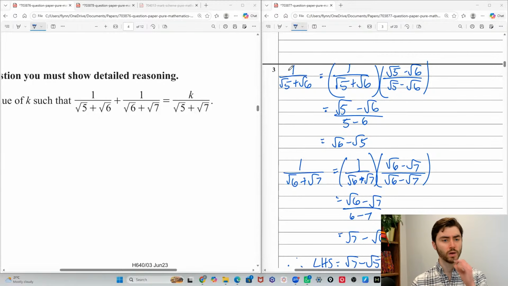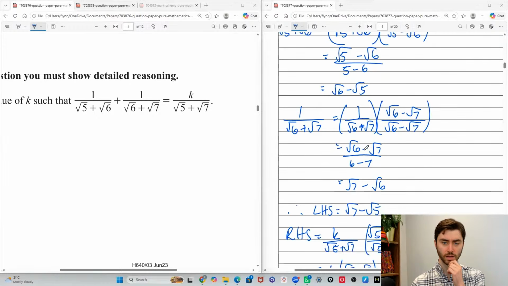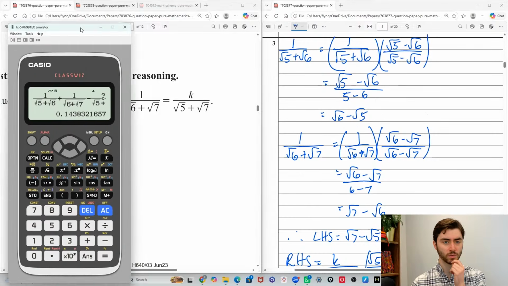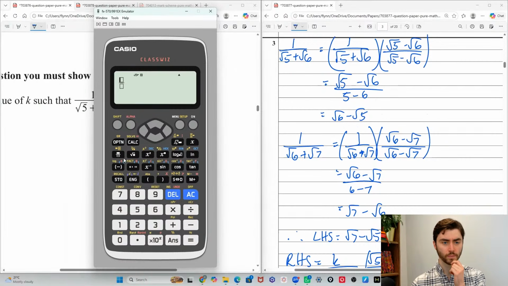Interesting. Okay, so 1 over root 5 plus root 6. So multiply top and bottom by the sign change: root 5 minus root 6 over minus 1. Flip the sign. That. Good. Let me check my individual parts. So 1 over root 5 plus root 6. If I subtract root 6 and add root 5, I should get clean 0. And I do.